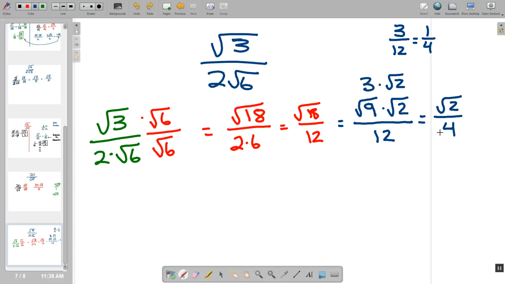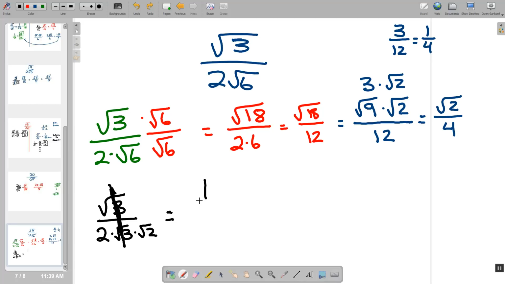Now, the problem here is that this ended up taking a lot more time than it needed to, because if I notice that the square root of 6 can be broken up into the square root of 3 times the square root of 2, I can actually remove the square root of 3 before I start.